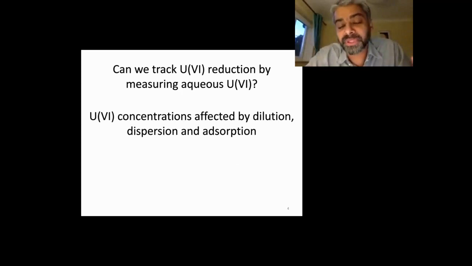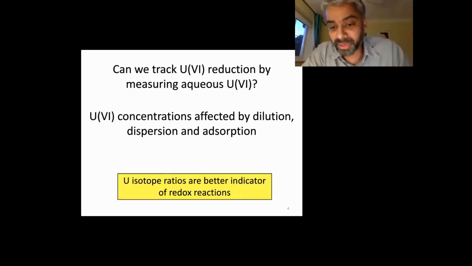Concentrations are particularly affected by a series of physical and chemical reactions, for example, dilution, dispersion of the uranium plume, and adsorption of uranium on mineral surfaces. But uranium isotope ratios are much better proxies to track these redox reactions, because isotope ratios are affected only by reduction of uranium-6 to uranium-4.